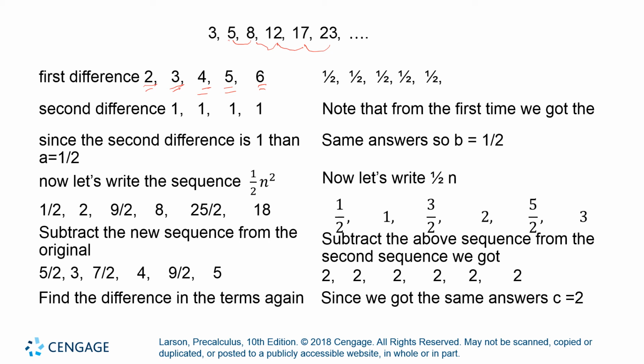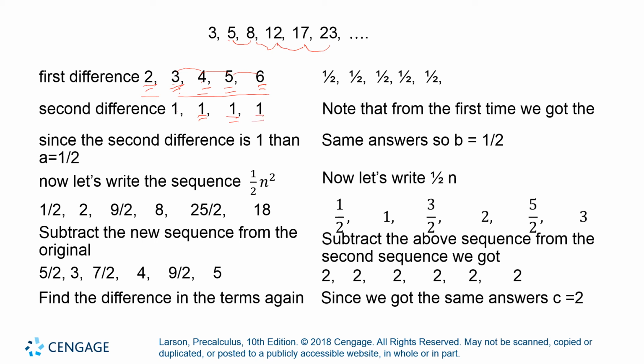Since the difference at the beginning was not the same, I'm going to repeat the process one more time by subtracting the consecutive terms of this sequence. So 3 minus 2 is 1, 4 minus 3 is 1, 5 minus 4 is 1, and 6 minus 5 is 1.